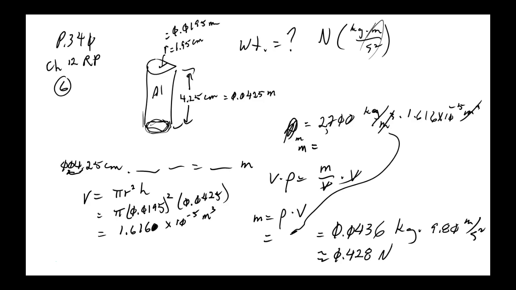Okay. Pi times 0.195 squared times 0.0425. 3 times 2 is 6. Yeah, that should be a bigger number. What did you get?